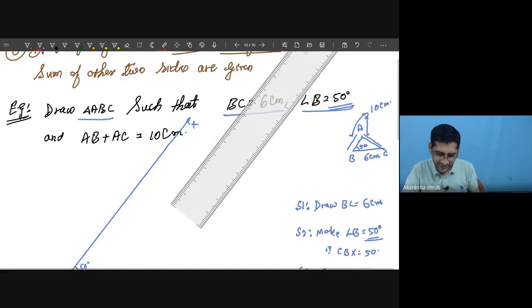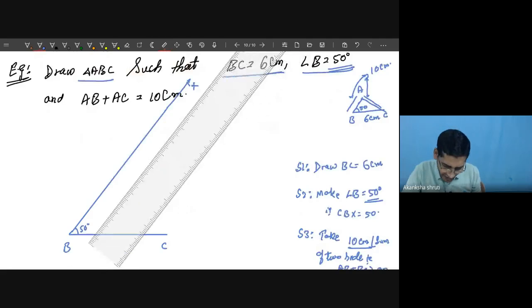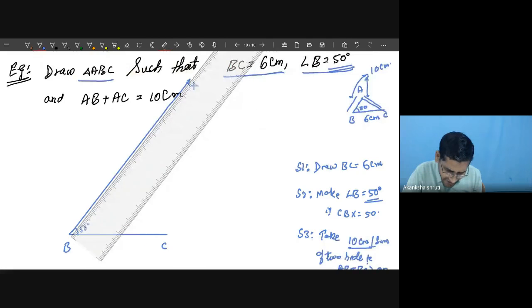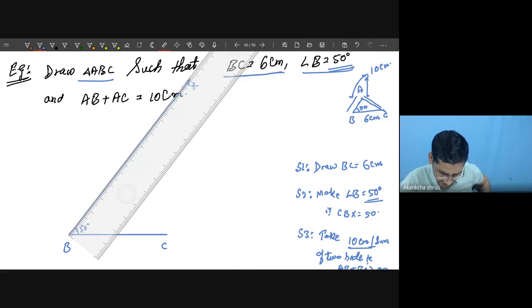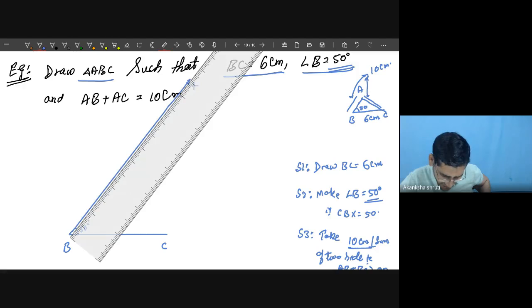Okay, students. So observe carefully. From this B, now we are going to take 10 centimeter on this X. Observe carefully, student. So here we have, where is our 10 centimeter? Here you can observe that we have this length 1, 2, 3, 4, 5, 6, 7, 8, 9 and 10.